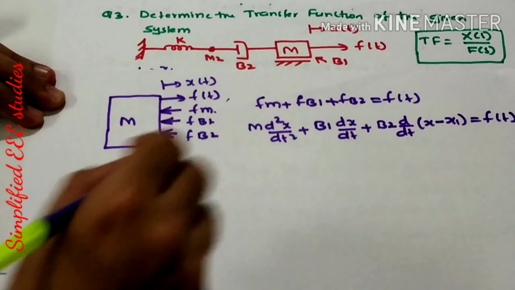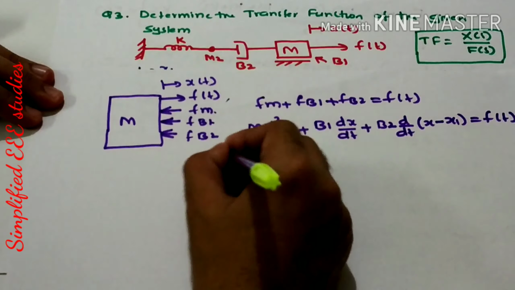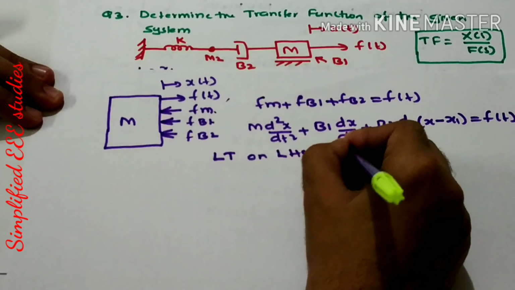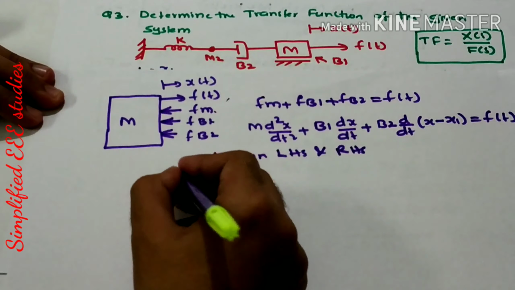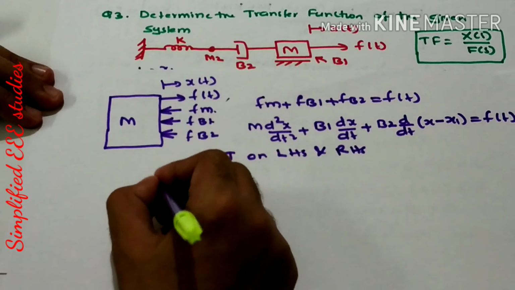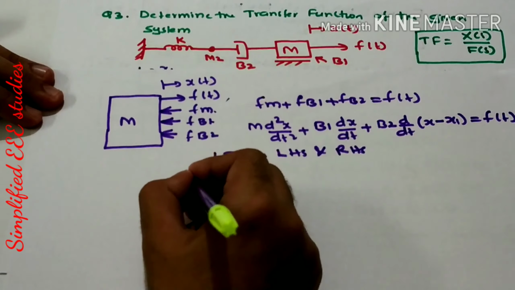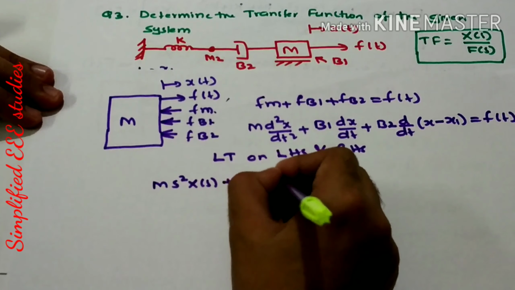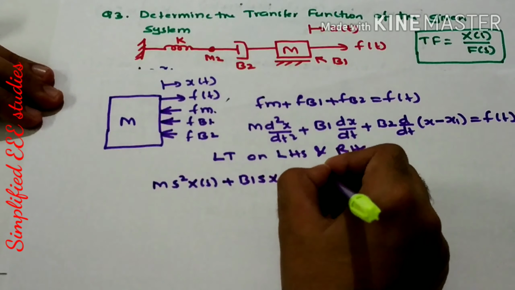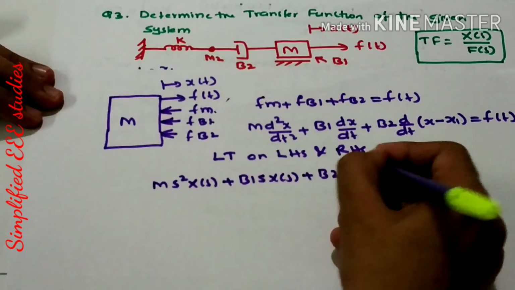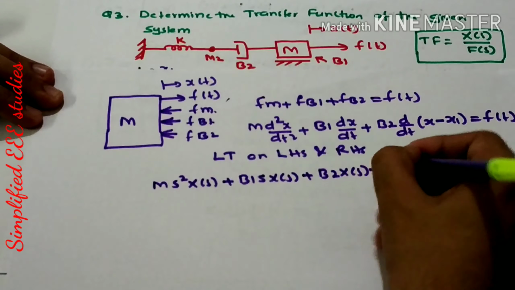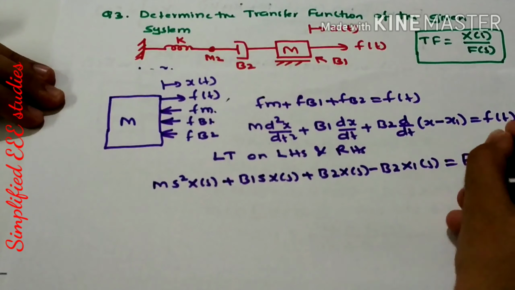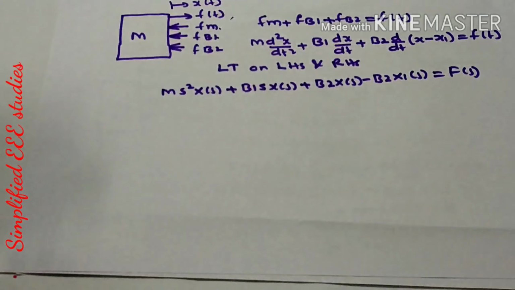Now we can take the Laplace transform on LHS and RHS. So we can write m into s square into x of s plus b1s into x of s plus b2 into x of s minus b2 into x1 of s, that is equal to f of s.